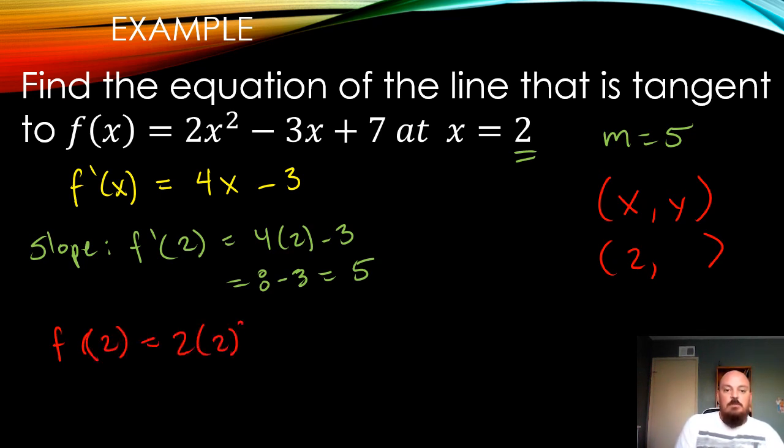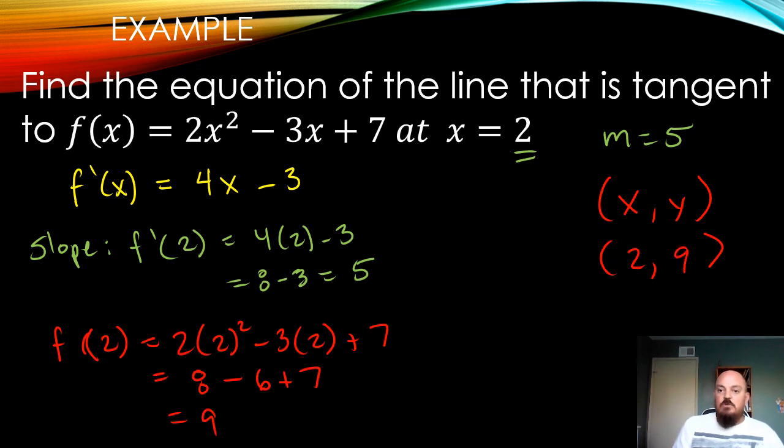So that's 2 times 2 squared minus 3 times 2 plus 7. I just plugged into the original function. 4 times 2 is 8, minus 6 plus 7, so that would be 9.